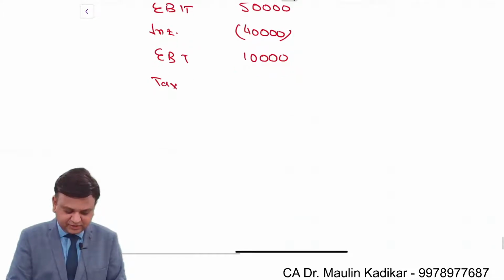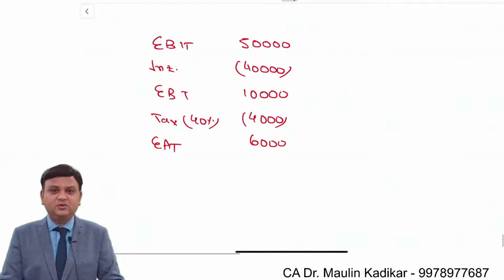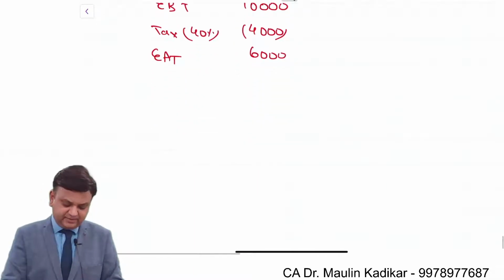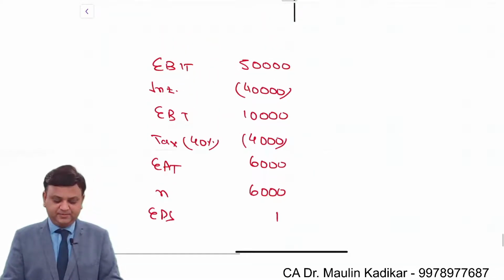Income tax is 40%, that is 4,000. Earning after taxes is 6,000. I am ignoring the preference dividend for the time being. Number of equity shares are 6,000 and earning per share is ₹1.